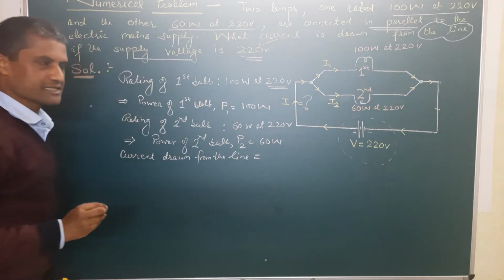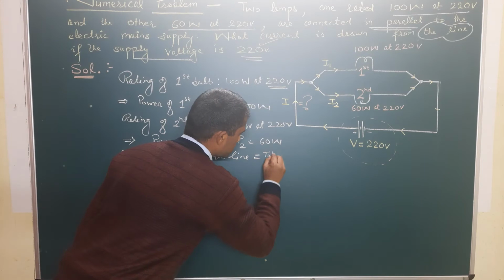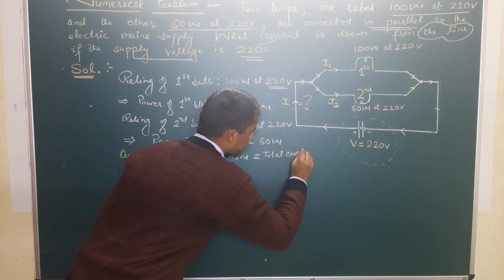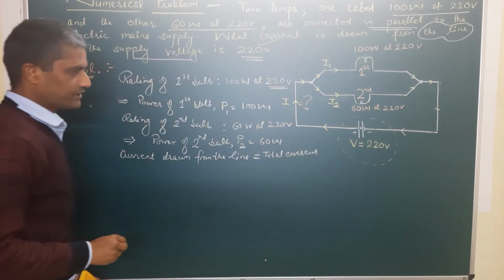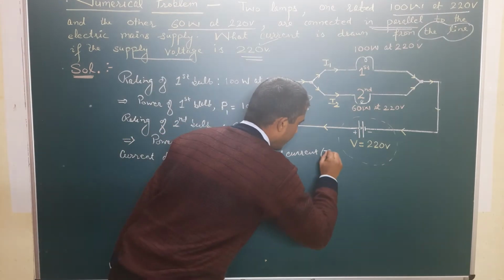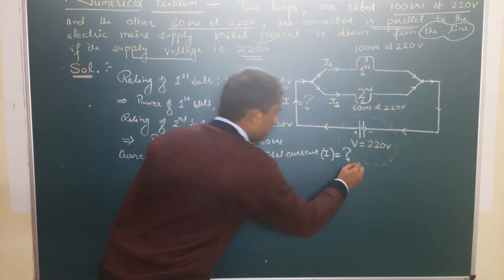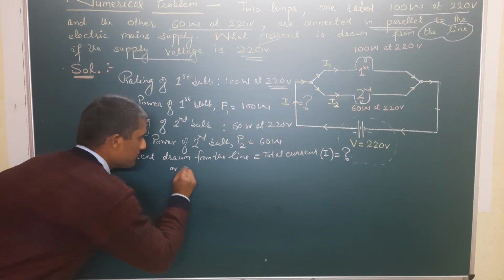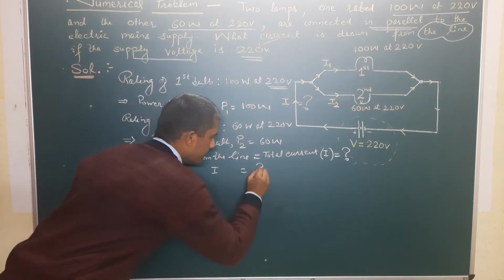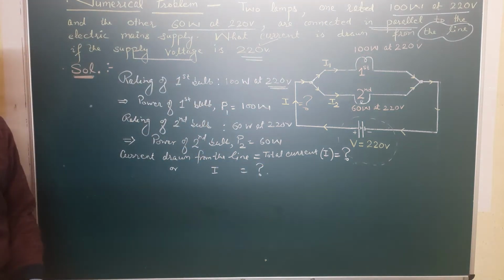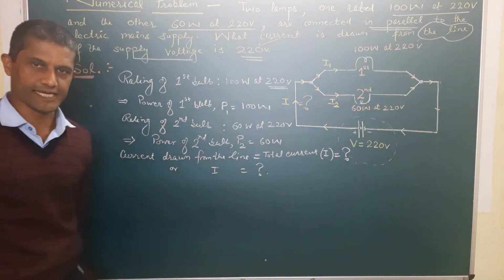This is the total current flowing in the circuit, denoted by I, and I is question mark. That's what we are going to find out, the total current I.